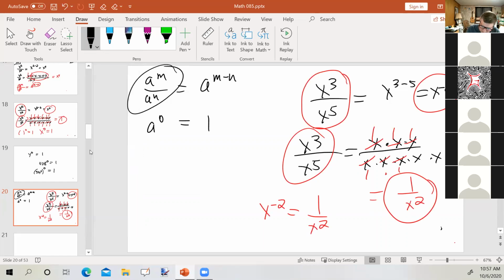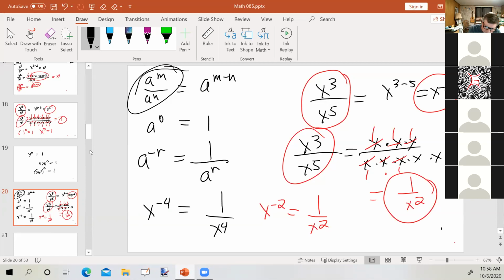So from that, we get this rule. A base to a negative exponent equals 1 over the base to a positive exponent. Or as students like to say, cross the line, change the sign kind of thing. All right. So for instance, x to the negative 4 power equals 1 over x to the 4th power.